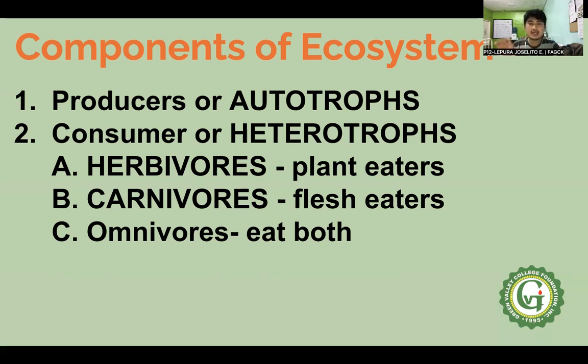Herbivores as consumers are animals that eat plants alone. Plant eaters are herbivores. You can also hear about herbivorous animals. When we say herbivorous, they eat only plants, such as dinosaurs. Some of the dinosaurs are plant eaters. There are animals like that, whose food is really only plants.